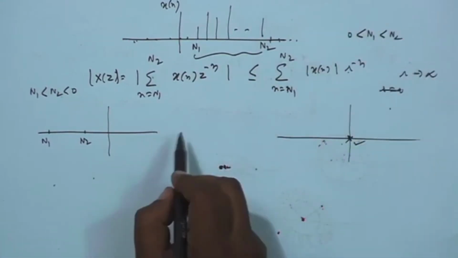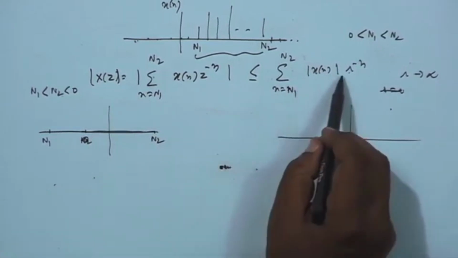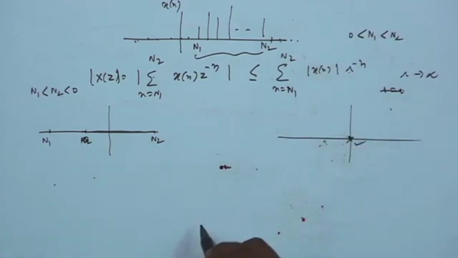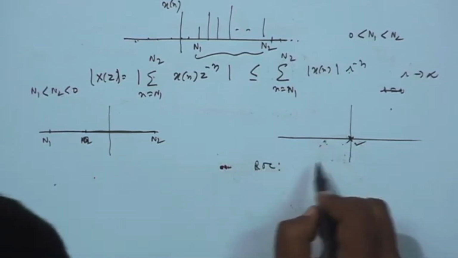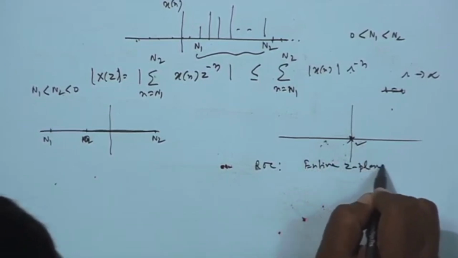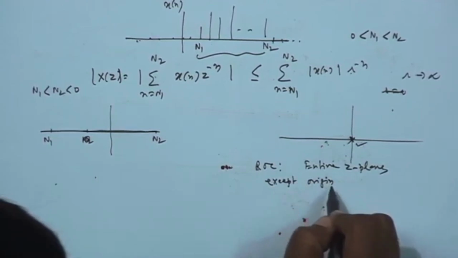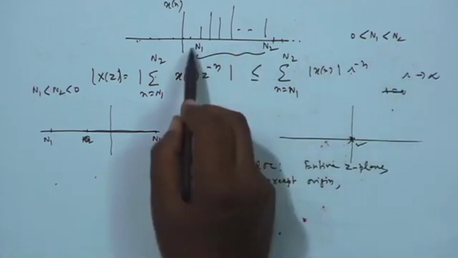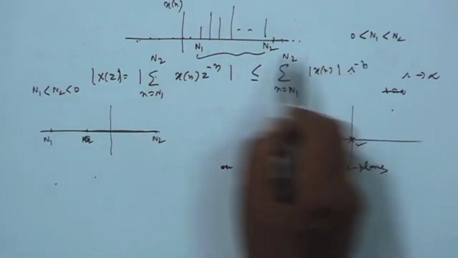And if you have got a situation like this, n1 on this side, n2 on this side, then in this summation you will have both negative powers of n and positive powers of n. So, both origin and infinity will not be allowed. All right. So, that means here the ROC means the entire z plane except the origin if n2 is positive, because n1 can be negative, but if n2 is positive there are some negative powers, because small n will be positive.